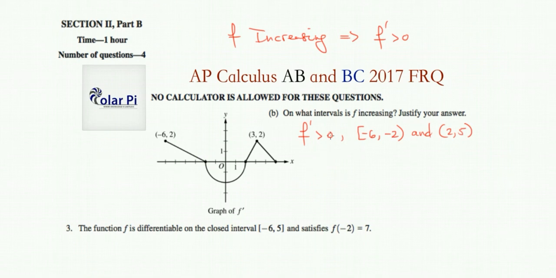Notice that when I report where f prime is greater than 0, I excluded x equals negative 2, x equals 2, and x equals 5, because at those points f prime is actually equal to 0, right? However, when I answer the question of where f is increasing, I have to include all 3 points here, negative 2, 2, and 5.